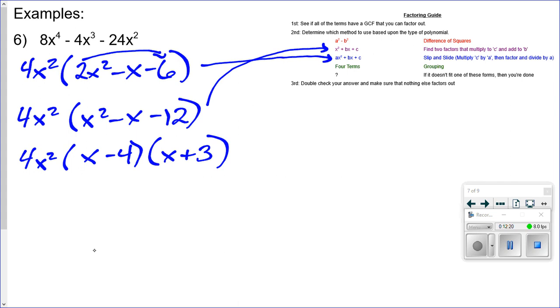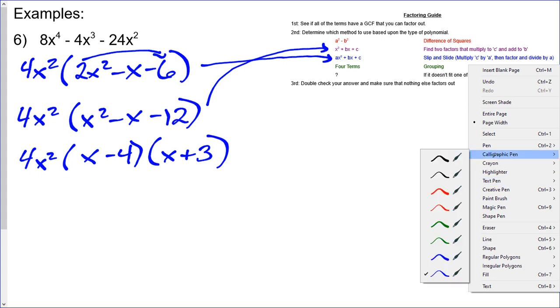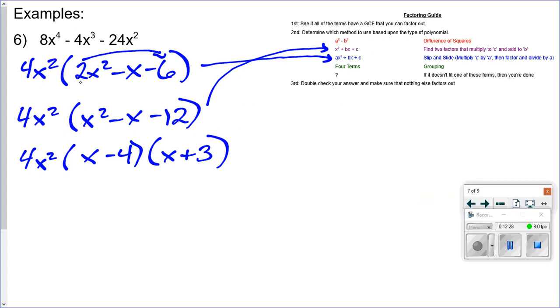And then again, this is called slip and slide because, let me change colors here, because this 2 that I brought over here needs to come down here, and you need to divide these by 2. One mistake that I see sometimes for my students is they'll bring down the original 8 up here and divide these by 8. So be careful of that.